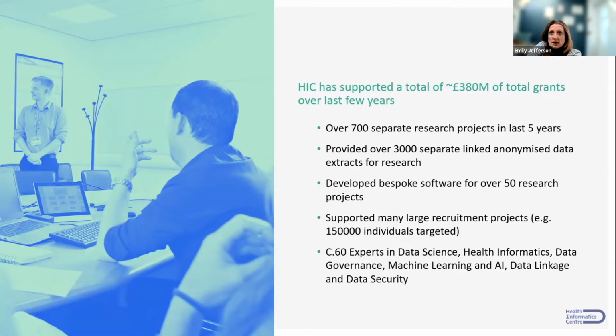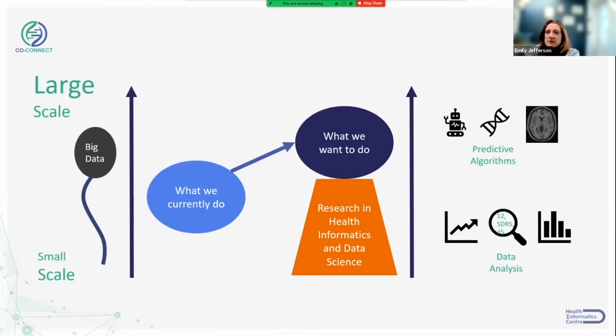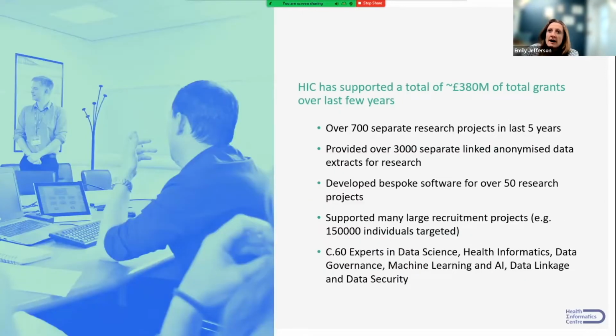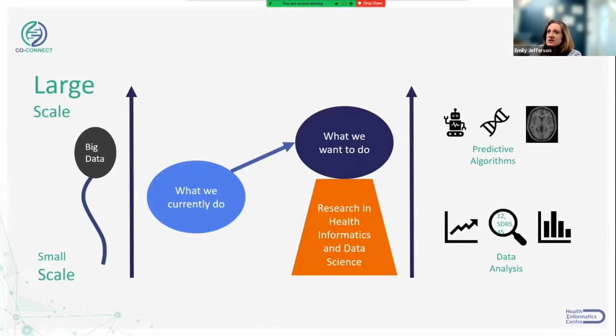We developed bespoke software for research projects and disease registries. We've got a team currently of about 50-60 people in data science, informatics, data governance, machine learning, AI, data linkage, and data security. So if you're interested in any of those areas and looking to do something new and exciting, please do contact us.